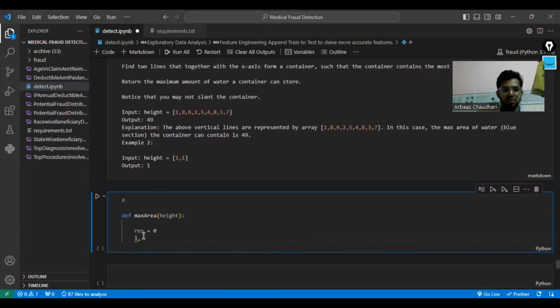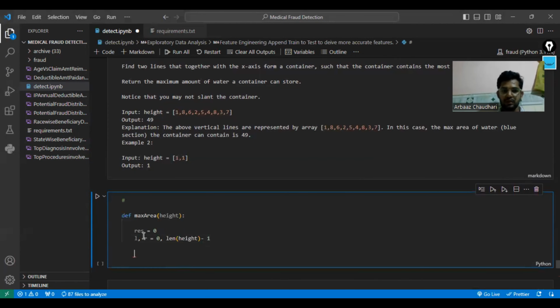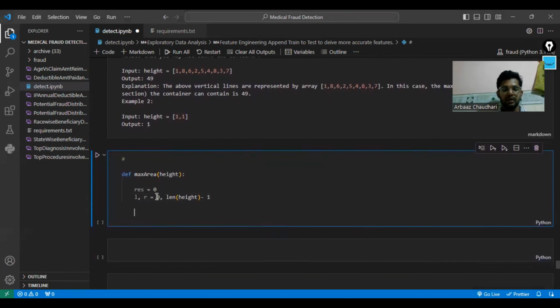We took two pointers, left and right. Left was at the 0th place and right was at the ending part. Ending part means length of height minus 1. Okay.